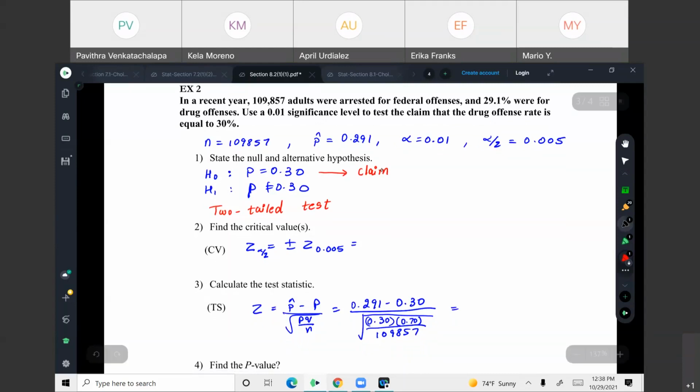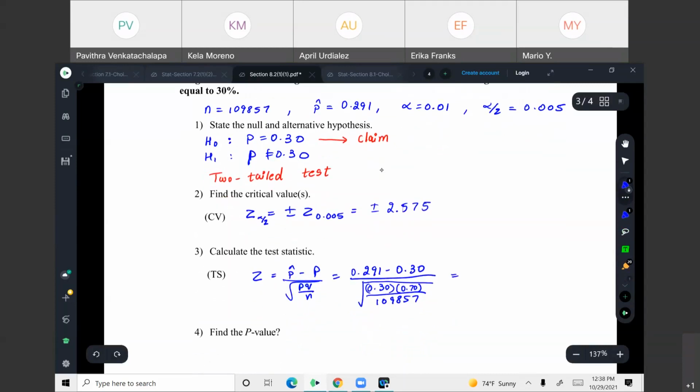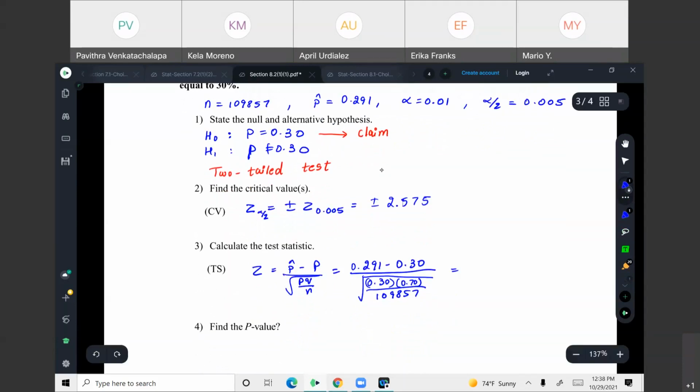How much did you get? Plus or minus 2.57. And what was the test statistic, z value? Did you get this? Minus 6.51.